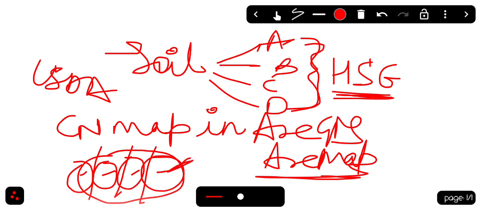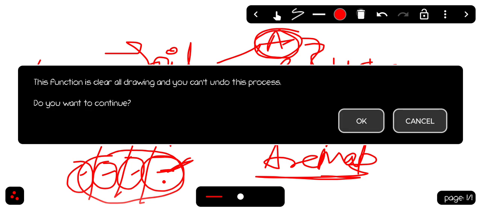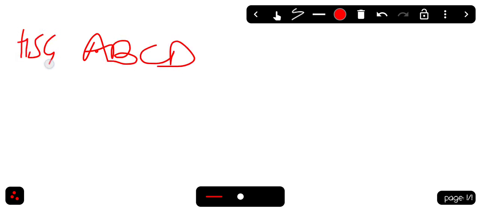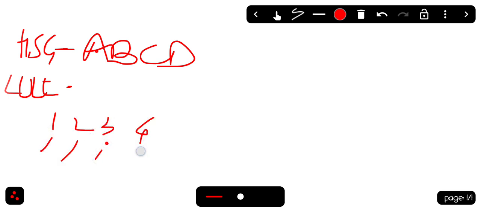Suppose this type of soil lies in your area, and for that the HSG is A. Similarly, you also have LULC for that area, and maybe there are four classes, like water, barren, built up, agriculture.